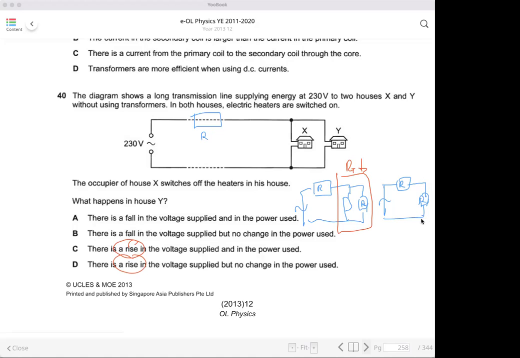Okay, and therefore there is an increase in the voltage supply. So the answer will be C or D. But which one do you choose? Bei Guan, which one do you choose? Is it C or D? Okay, next thing you need to know is power is VI.